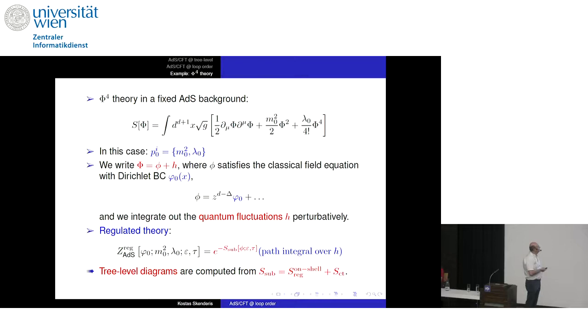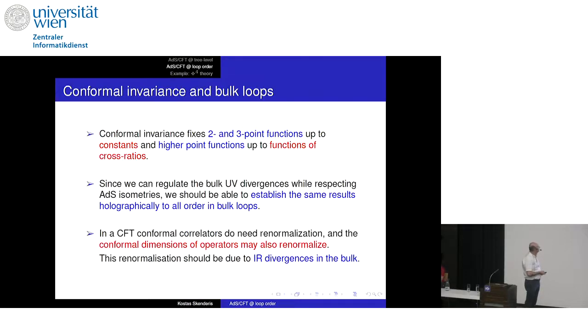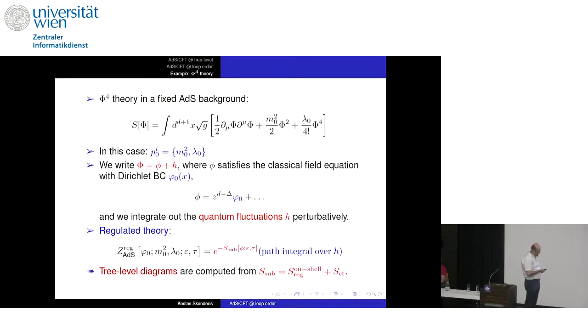Now to do the computation, I will split the bulk field into a classical part and a quantum fluctuation. Now the classical field is going to tell me the boundary conditions. So I will start having directly boundary conditions. So the phi naught that I had in my previous slides is the leading term in the near boundary expansion of the field, like in the standard discussion in holographic normalization.